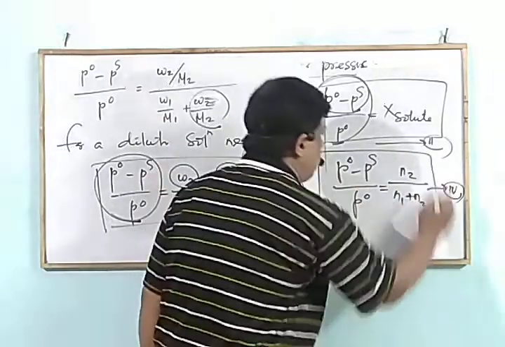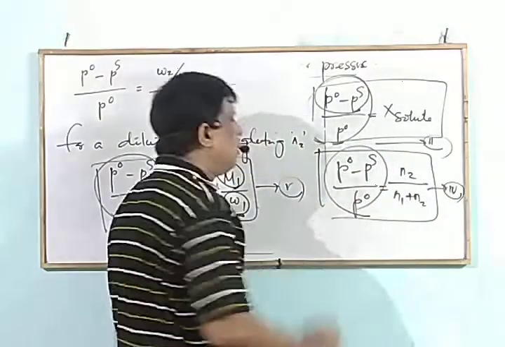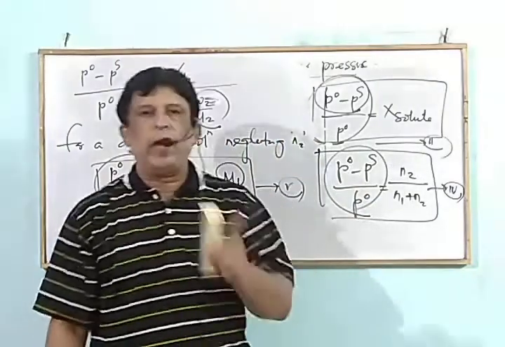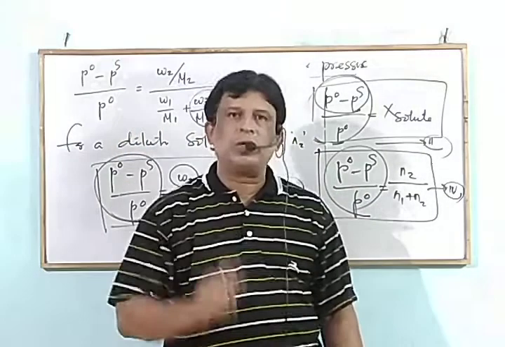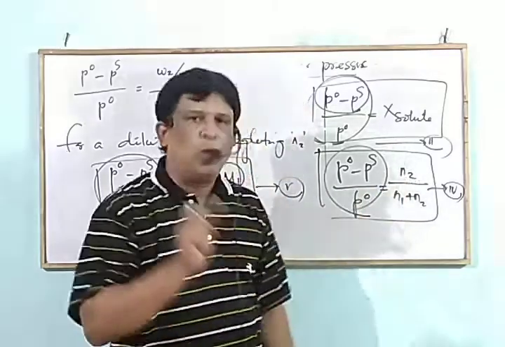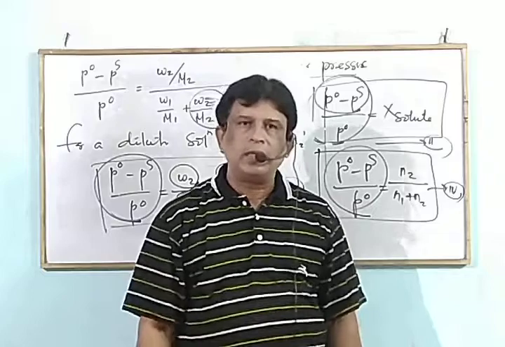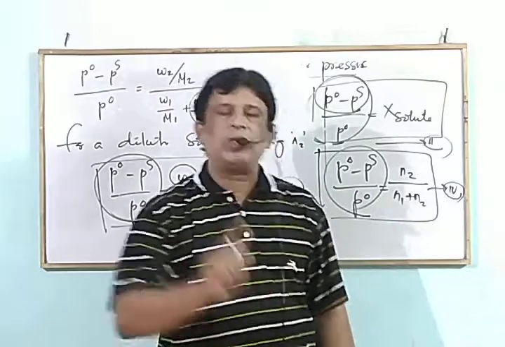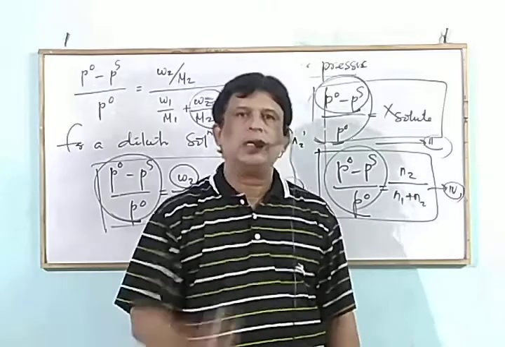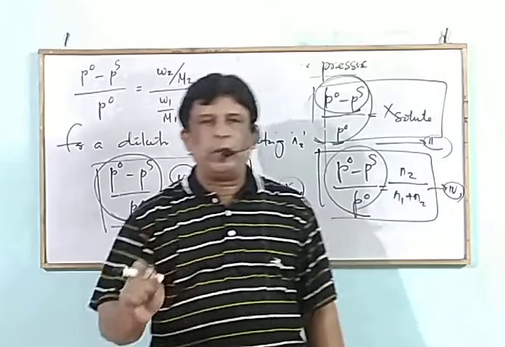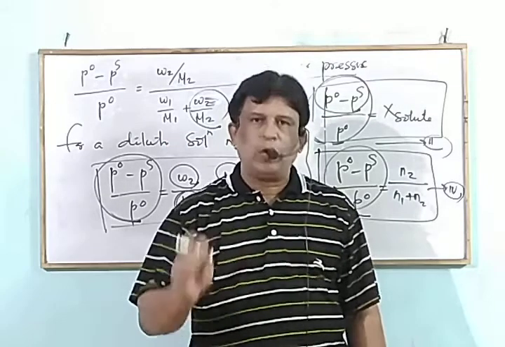And also mark that from this expression it is clear that RLVP, that is relative lowering in vapor pressure of a solution containing non-volatile solute, depends upon the number of moles of solute, that is the quantity of solute present in the solution, but not its nature. Hence, it is clear that relative lowering in vapor pressure is a colligative property.